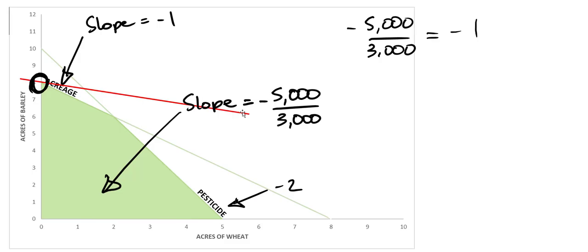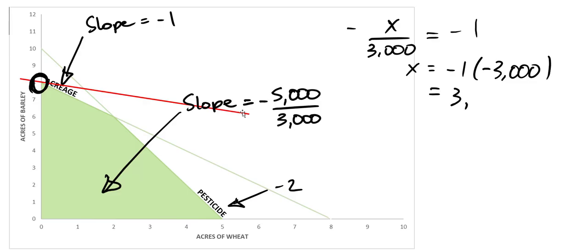I said I was first going to do this with wheat, and I'm going to set the variable associated with wheat, which is the 5,000, to be an unknown, in this case, x. So if I arrange this function now, as I simply multiply the minus 3,000 to the other side, it is telling me that x was originally 5,000.